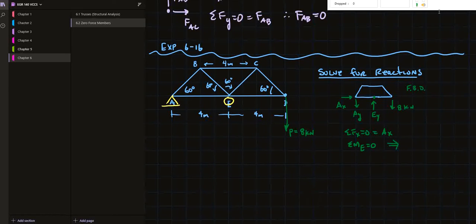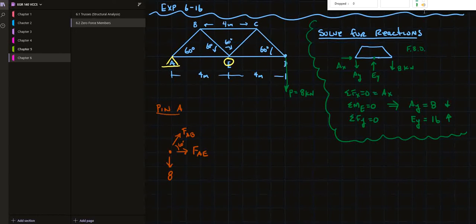This will lead to Ay equals 8, and then if I sum forces in the y direction equals 0, we end up with Ey equals 16. So Ey points in this direction, Ay points in this direction, and there we go.